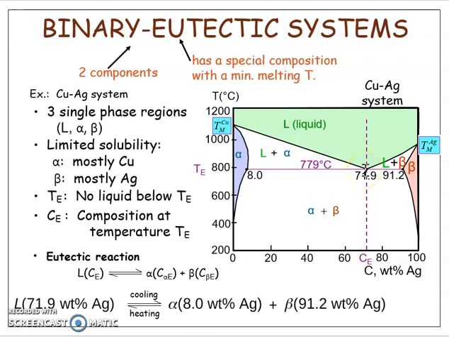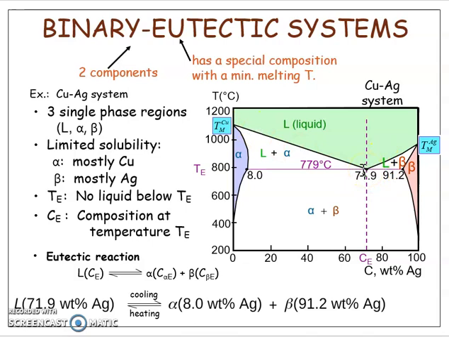Basically this phase diagram is a binary eutectic system because it has two components, which are copper and silver, and a special composition with a minimum melting temperature.